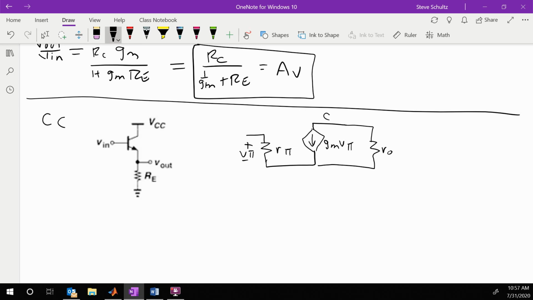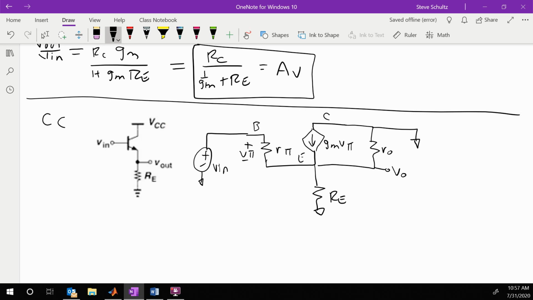And again, collector, emitter, base. So then we come over here and our input is connected to our base. Our collector is now just connected to a voltage source, so this is just ground. And then we have an emitter resistor to ground, and our output is labeled right here.